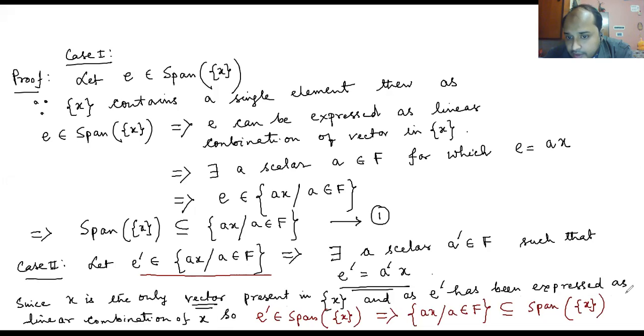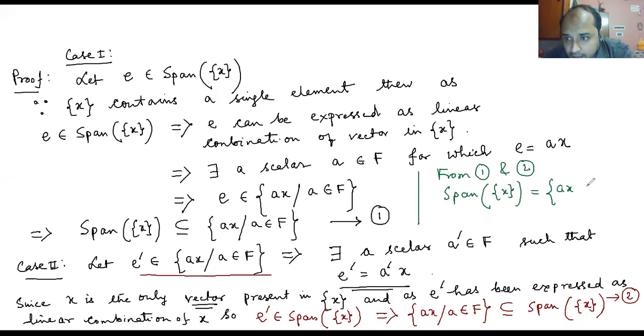and we can consider this to be number 2. From 1 and 2, span X is a subset of this. This is a subset of span X, and therefore span of X is equal to AX, A belonging to F. Proved.